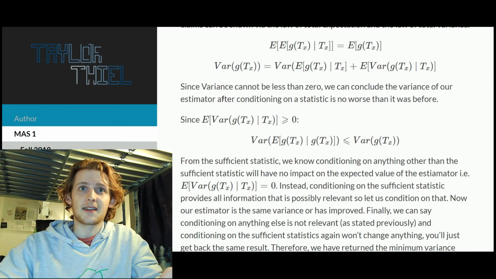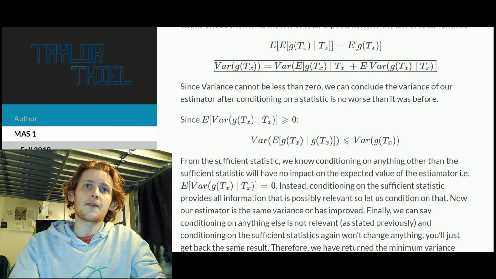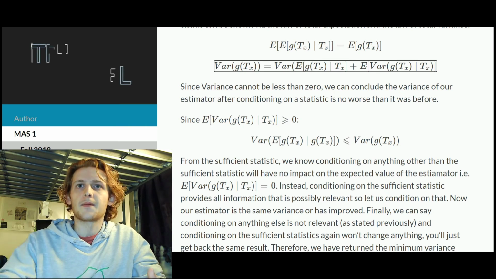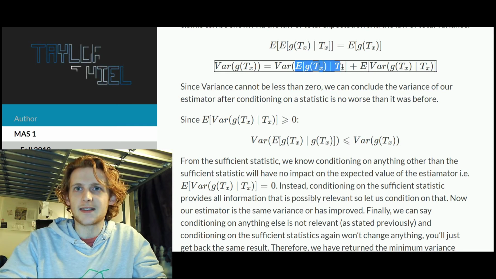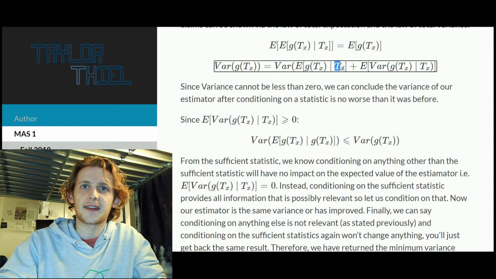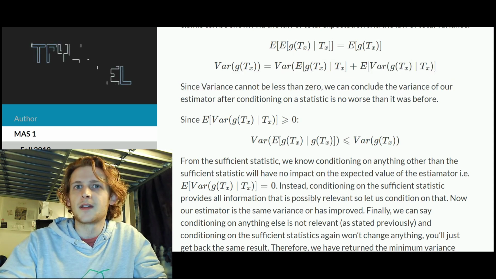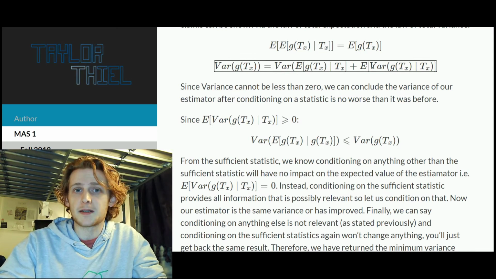Now the second thing that we're going to get is that the variance of our original estimator is going to equal the sum of these two quantities. Our updated estimator is just this, the expected value of g of t of x given the sufficient statistic. And so we then can look at the second component, this expected value, and say, well, it's the expected value of some variance, and I know variance is greater than or equal to 0.